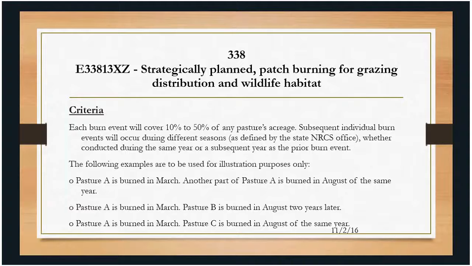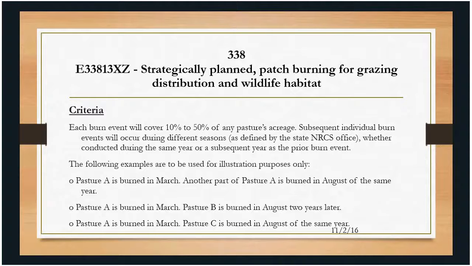Subsequent individual burn events occur during different seasons. So we might do a spring burn and then do a fall burn. So for example, pasture A is burned in March, and then you burn another part of pasture A in August of the same year. Okay? Or pasture A is burned in March, pasture B is burned in August 2 years later.